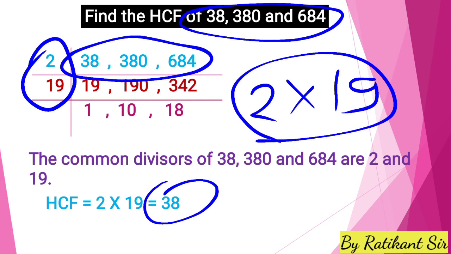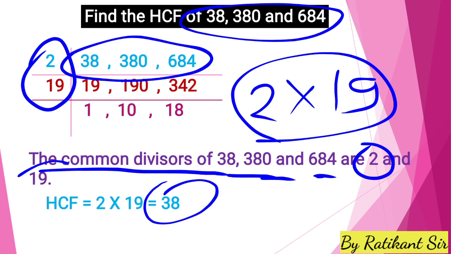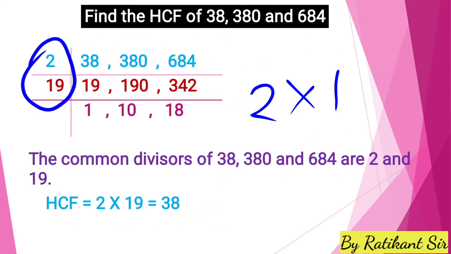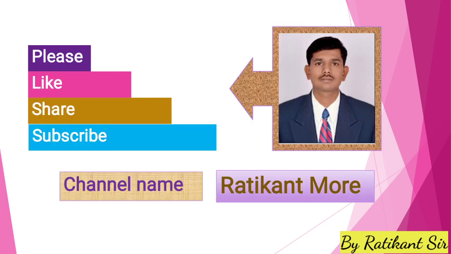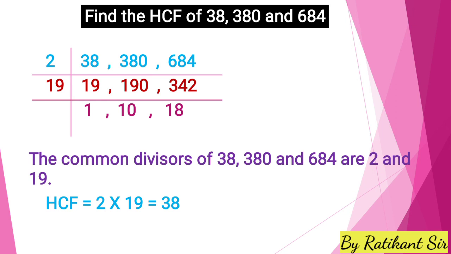So the common divisors of 38, 380 and 684 are 2 and 19, and the HCF will be 2 into 19. The answer will become 38. Means 38 will be the HCF of 38, 380 and 684. This is a very easy method to find the HCF.